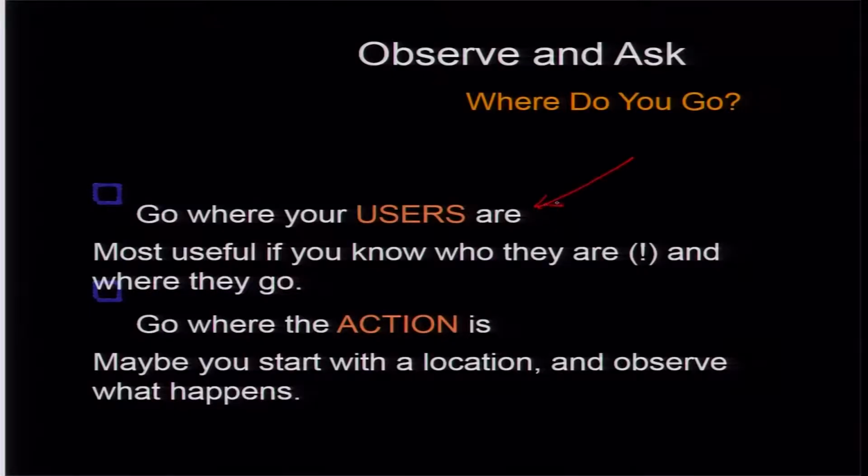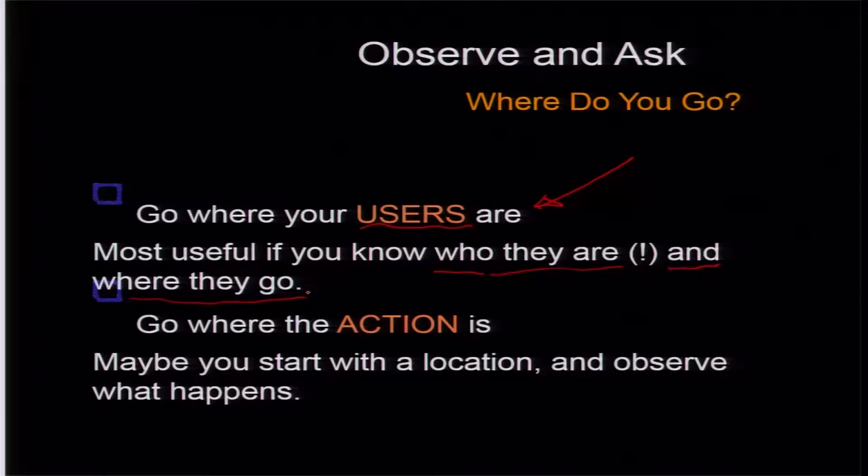So, the first act that you have to do here is to actually go to the users yourself. You go where your users are, and it will be most useful if you know who they are before going. So you have already mapped some perceptions related to the concerned user, and also some information on where they go.